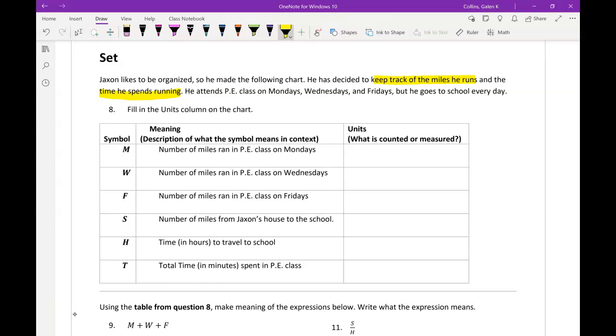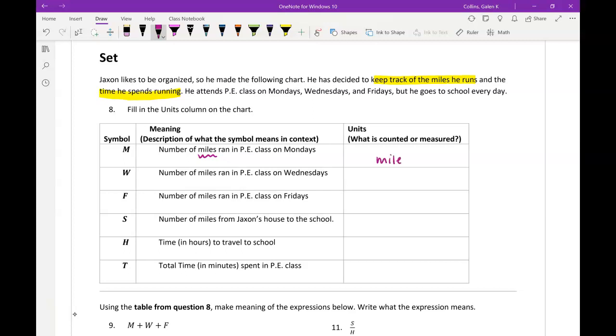So in question 8, we are first asked to fill in the units column of the chart. We're told the symbol M is going to represent the number of miles ran in PE class on Mondays. So the units, what's being counted or measured, is the distance run in miles.